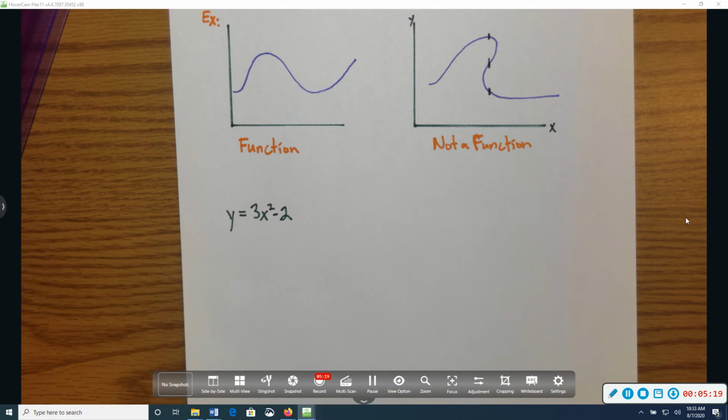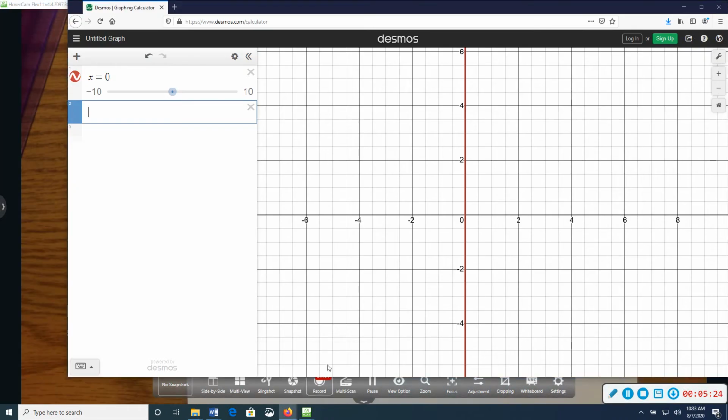Desmos is a website online, and I already have it pulled up here. You can just go to desmos.com/calculator, or just desmos.com and then click the button where it says calculator. It'll bring you right here. On the left, this is where you put your functions to graph them.